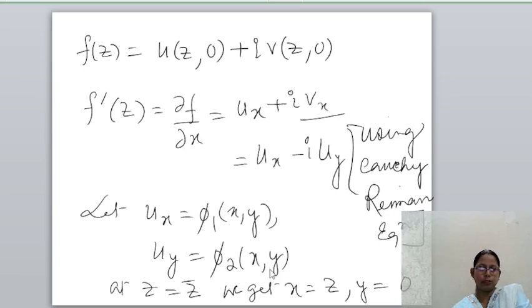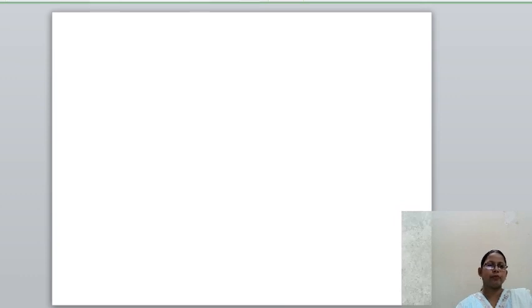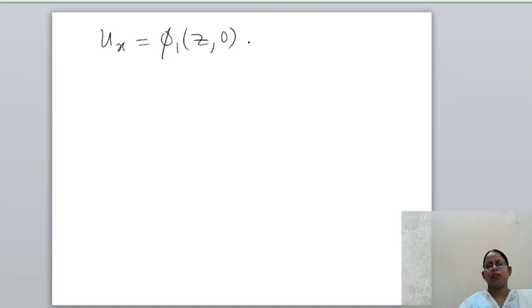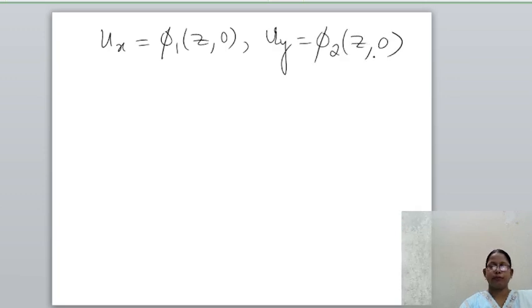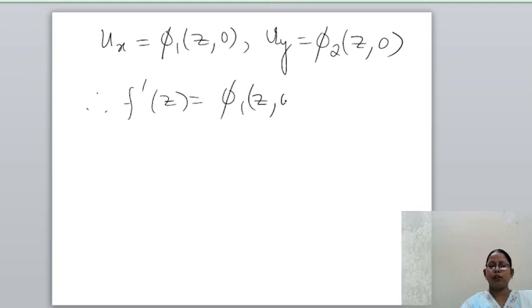So putting this, these two become u_x equals φ1(z,0) and u_y becomes φ2(z,0). Therefore, f'(z) is φ1(z,0) minus i φ2(z,0).